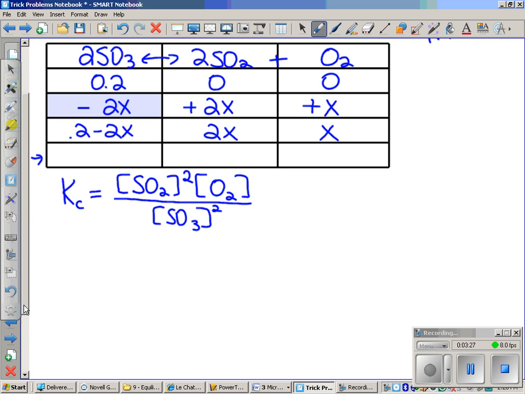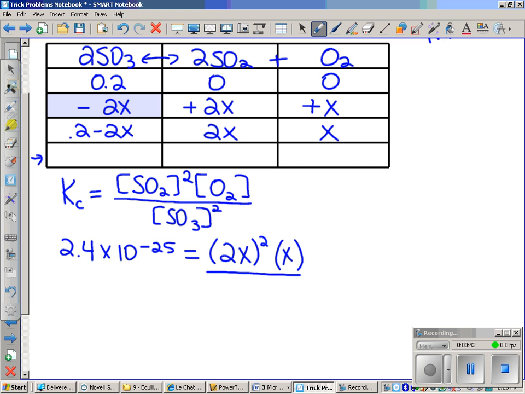We go to plug in our Kc. The Kc that was given in the problem was 2.4 times 10 to the negative 25th. SO2's concentration is being represented by 2x, and that'll be squared. And then O2's concentration is being represented by x. And then on the bottom, we're going to have 0.2 minus 2x, and that is squared.